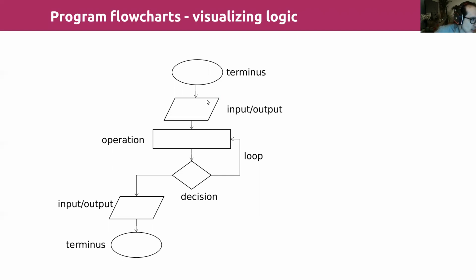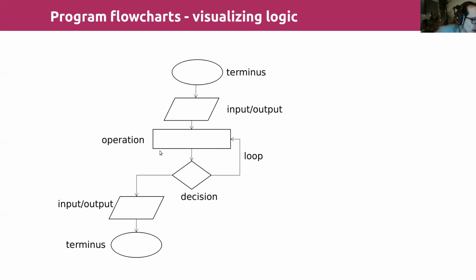And these parallelograms here indicate inputs or outputs. So statements like the variable a equals 5, that would be an input here. And a print statement would print the result, the sum equals 53, for example. That would be an output.